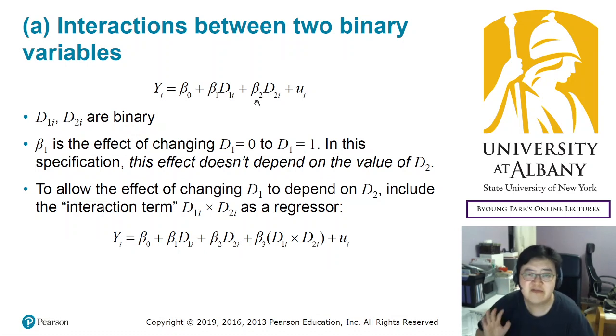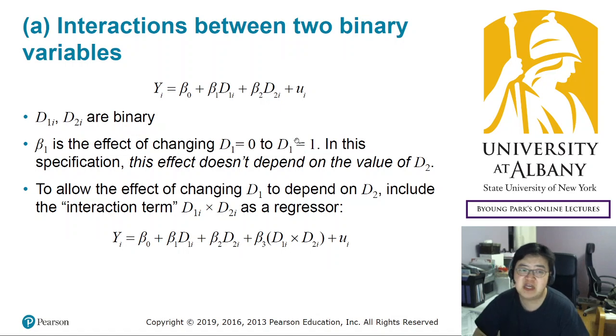In this case, we are interested in the effect of D1. But remember, D1 is binary. Therefore, it takes only two values, 0 or 1, and we are interested in what if we change D1 from 0 to 1, like turn on the switch of D1.